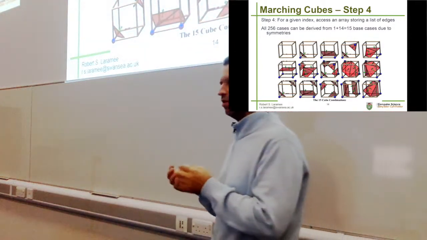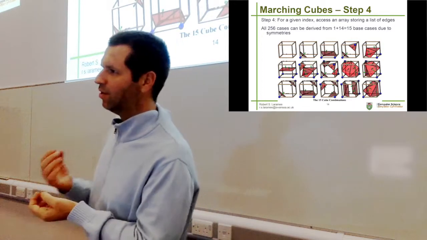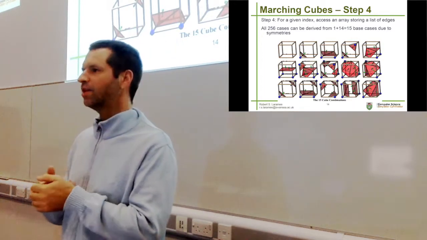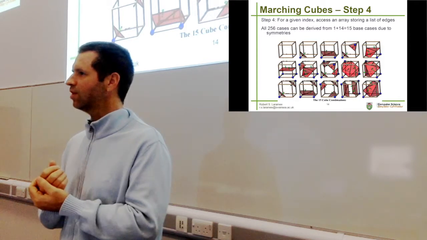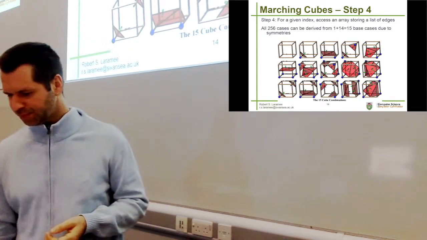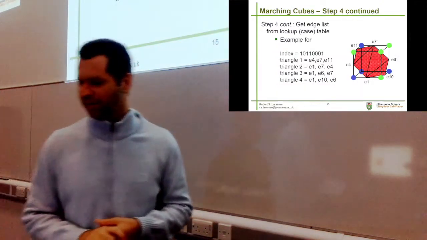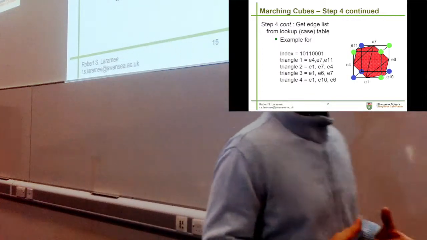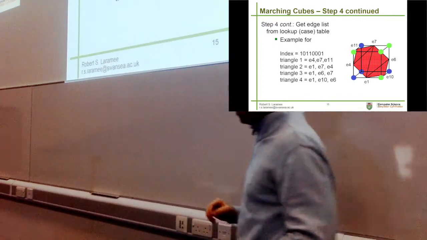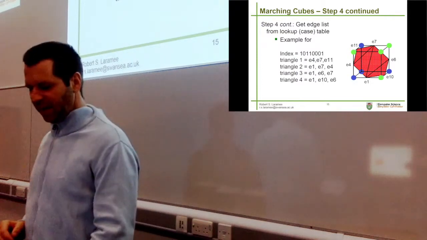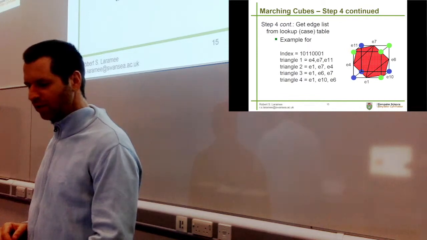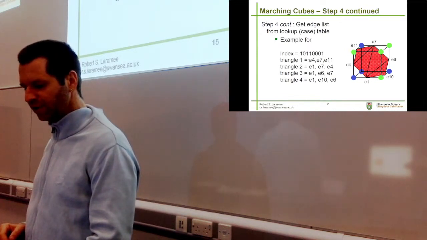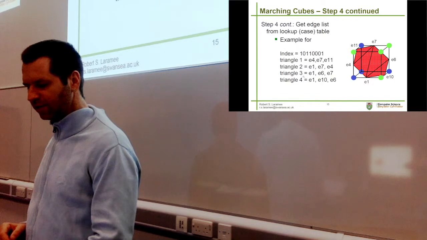There are 256 different ways, but there are only 15 unique ways because of rotational symmetry and reflection symmetry. And this is just one example of taking as input the index that we computed in the previous step, and then returning as output the triangles.